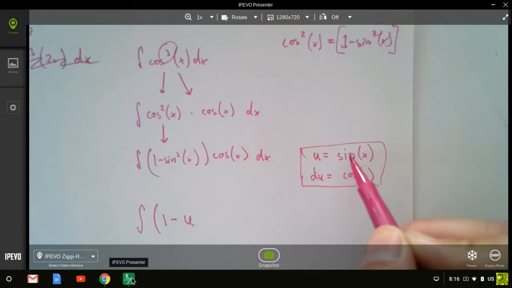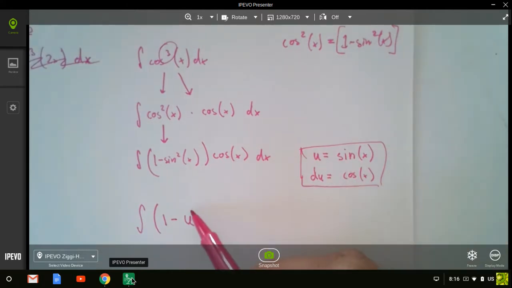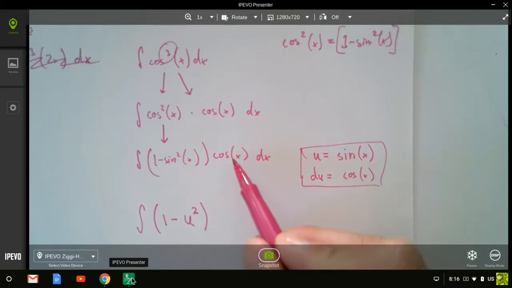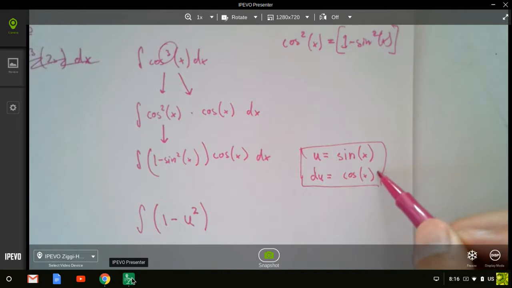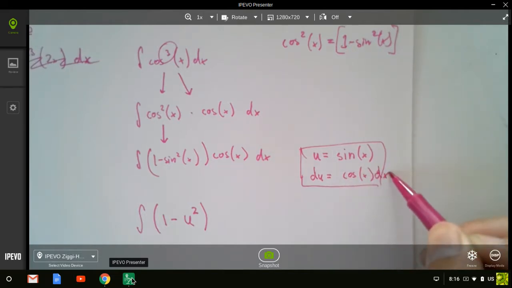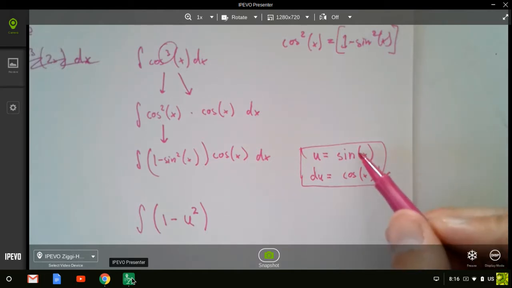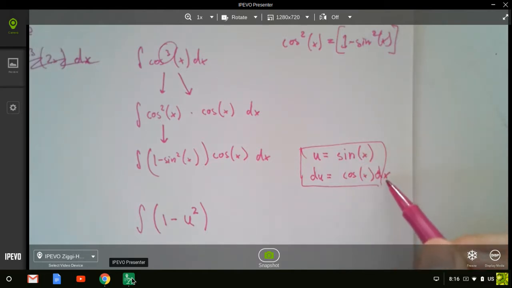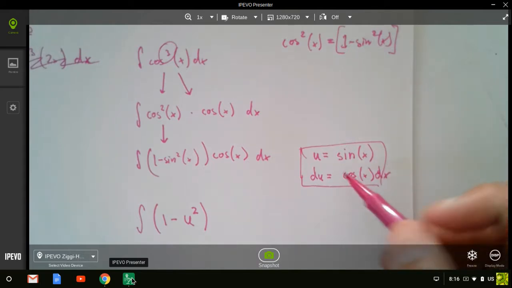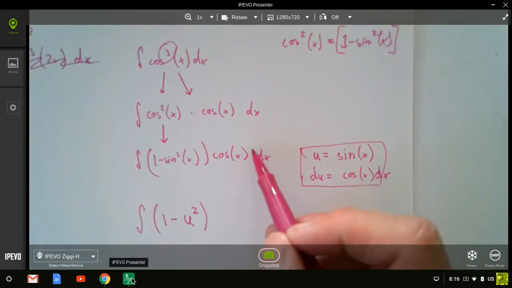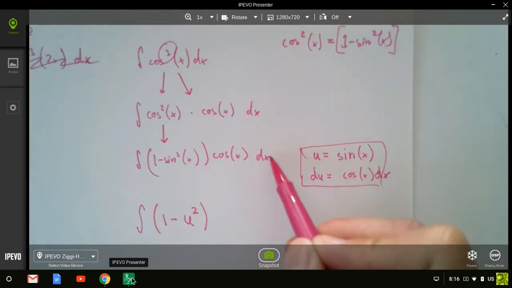Since u is only sine of x, and this is sine squared x, this has to be u squared, times du. Oh, and I'm sorry, du is equal to cosine x, technically cosine x dx, with respect to x. Remember, whenever you take a derivative, you have to say that dx. The reason why that's nice is that du replaces all of this, including that dx there.